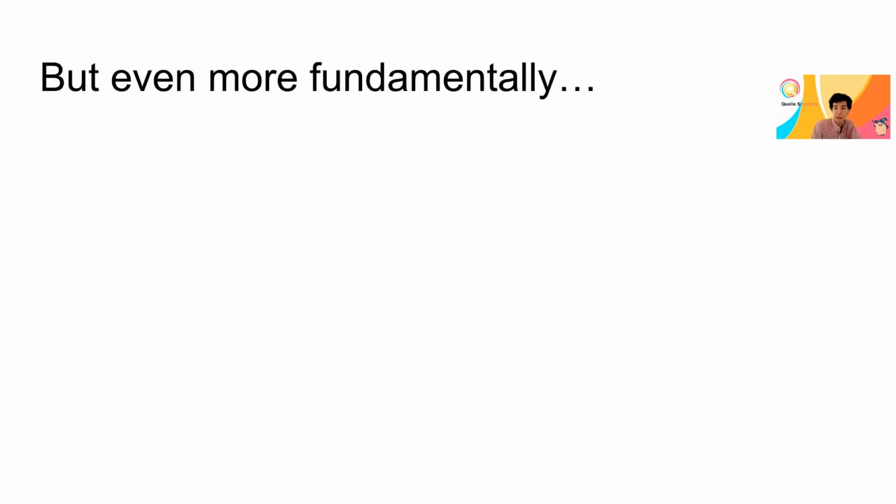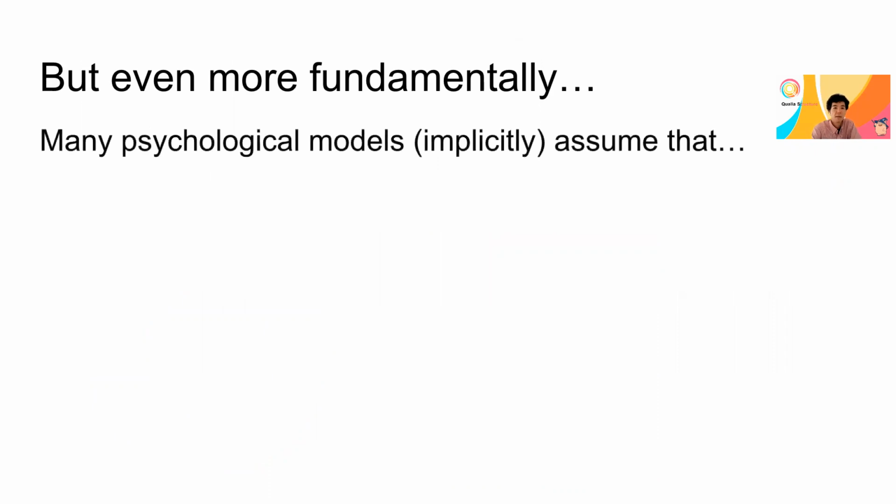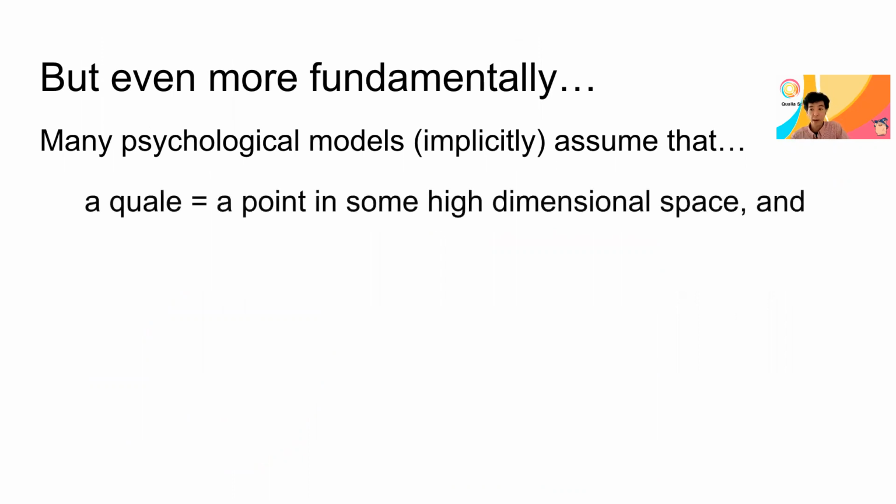But even more fundamentally, there are some interesting things that are emerging over the last 10, 20 years. Many psychological models implicitly assume that Qualia, or the way we perceive things, is something like a point in high dimensional space.